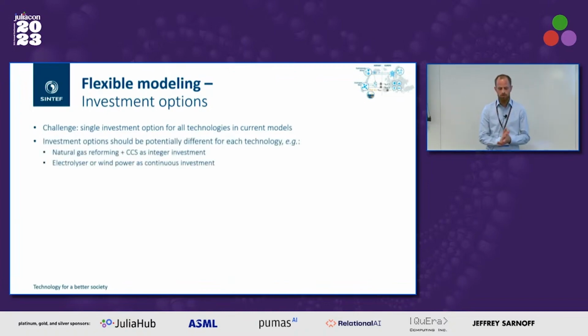Now, you want to be able to have the possibility to change investment options for different technologies. For those of you familiar with these technologies, if you have a natural gas reforming with a CCS plant, they are normally in the range of 800 megawatts plus, because they have a significant economy of scale. So in that respect, it makes sense to have an integer investment, discrete investment for that technology.